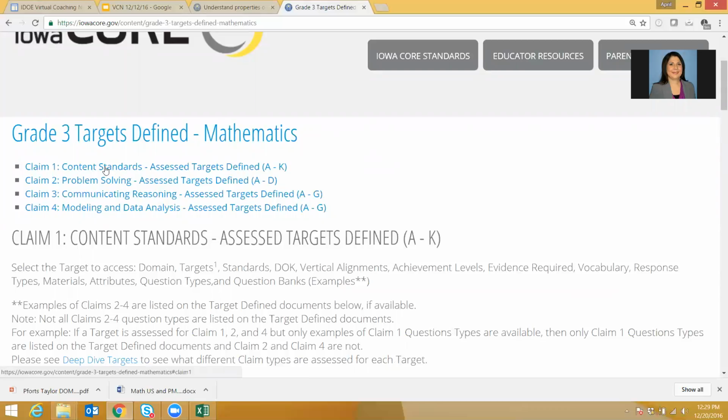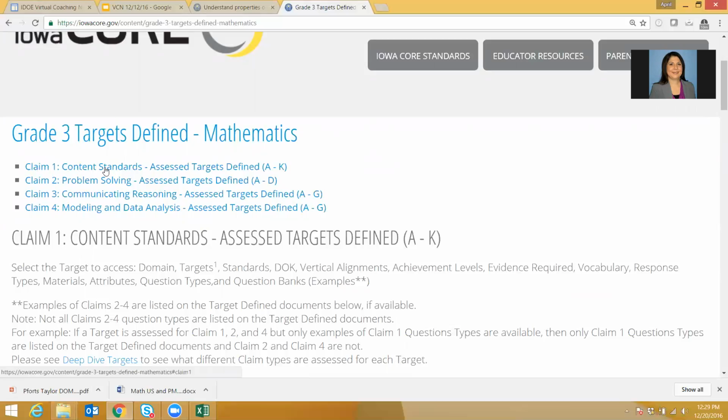Claim 1s are skills and procedures. So that should intuitively make sense to us why the DOK levels are usually around a 1 or 2, because skills and procedures are really lower on the DOK level. Does that mean that we're only going to assess those standards at a low DOK level? No. We can assess them all the way up to a DOK level of 4.